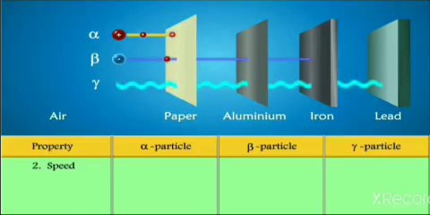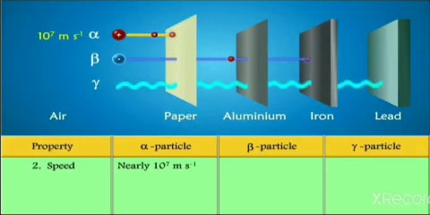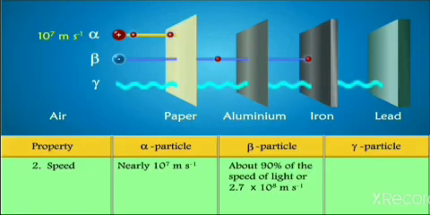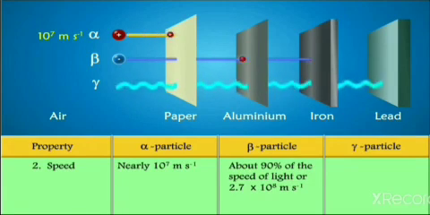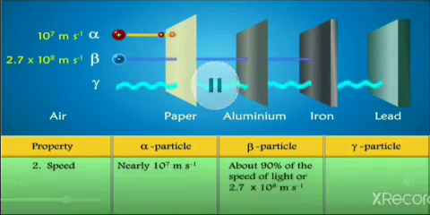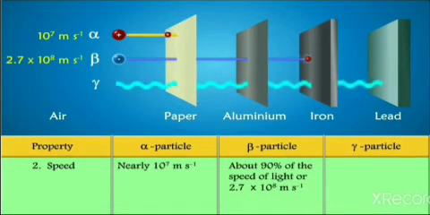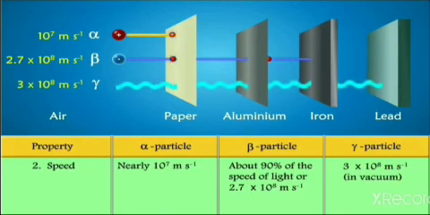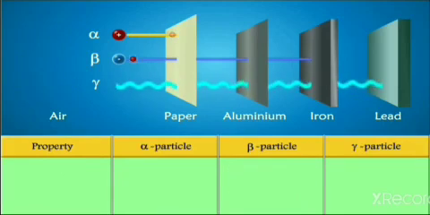Speed. Alpha particle, nearly 10^7 meter per second. Beta particle, about 90% of the speed of light, or 2.7 × 10^8 meter per second. Gamma radiation, 3 × 10^8 meter per second in vacuum.